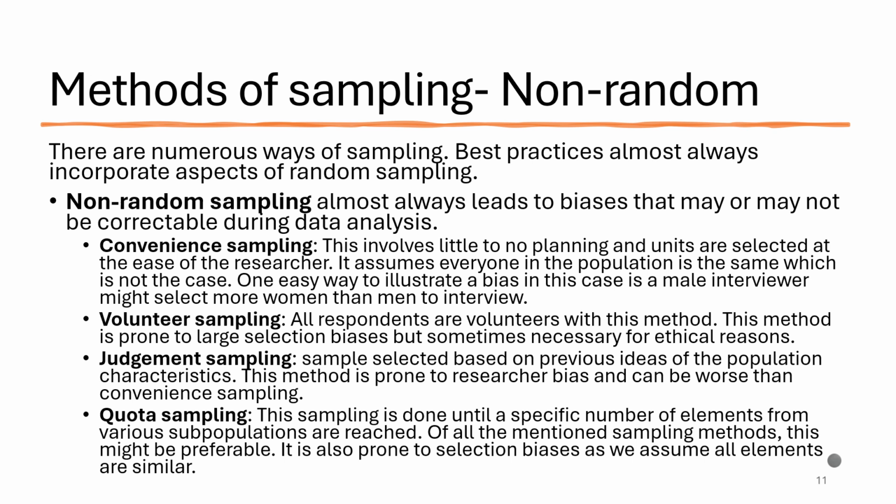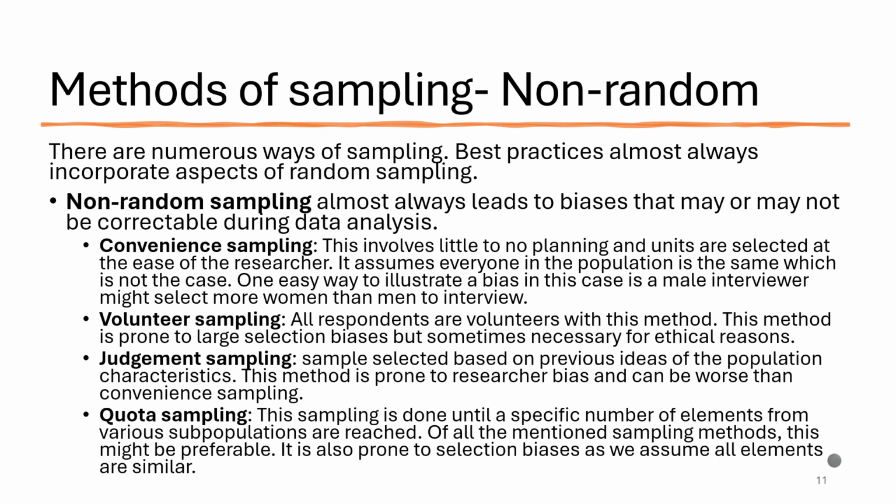The other one is judgment sampling, and this is when the researcher feels that they understand the dynamics in the population, and they can decide who could be included and who can't. And as you can see, this is very prone to researcher bias, and sometimes it is worse than convenience sampling, right?